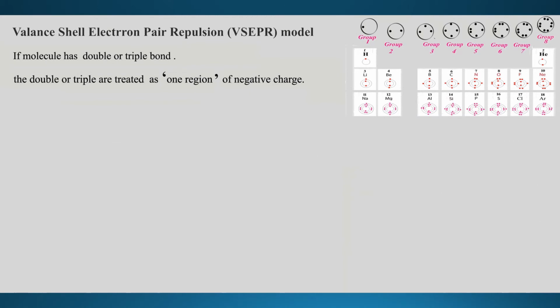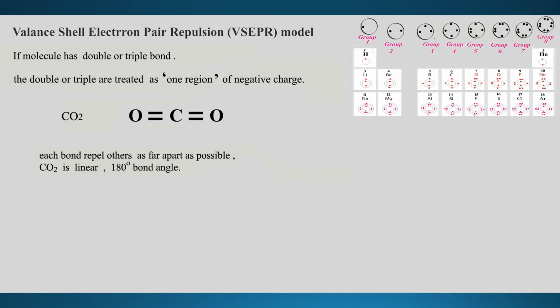How do we do double and triple bonds? Double and triple bonds, just treat as one region. I'll show you. CO2, it has double bonds. So how is the repulsion? I don't care if it's a double or triple bond, I just treat it as one bond. So this is 180 degrees.